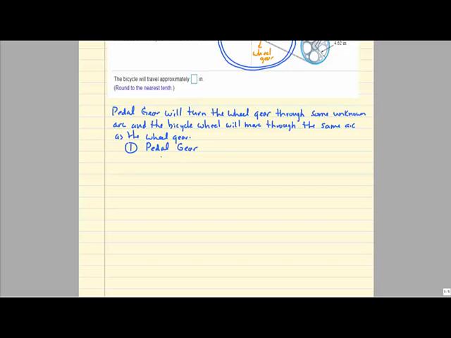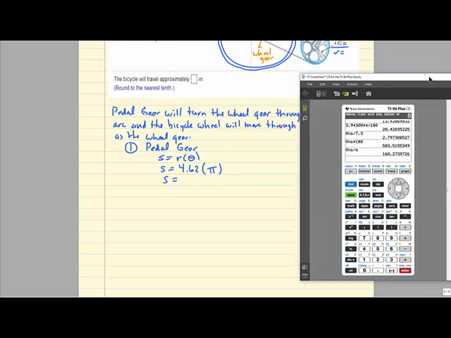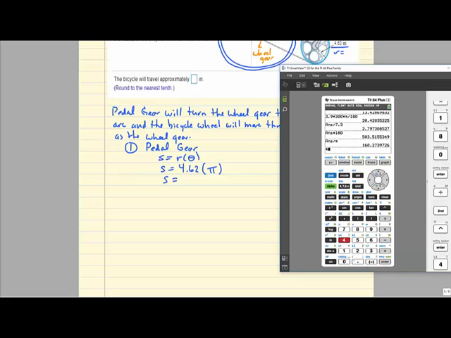And for the pedal gear, remember, we're still using S equal R theta. We don't know the arc length, but we know R up here is 4.62 inches. Theta was 180 degrees, or pi. So for this particular case, I'd take 4.62 times pi. Let's grab that calculator again. I think it'll probably be a good idea if we don't round anything till the very end.